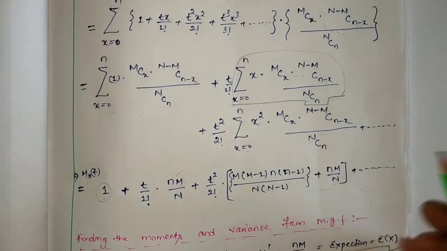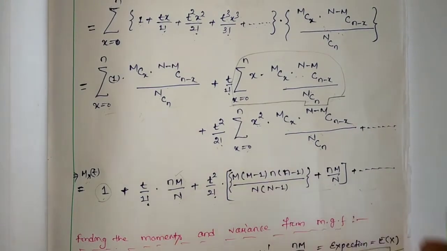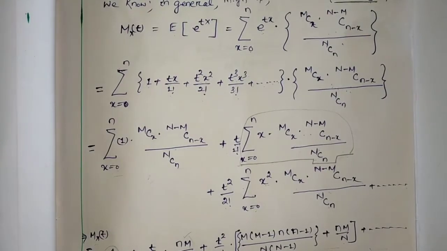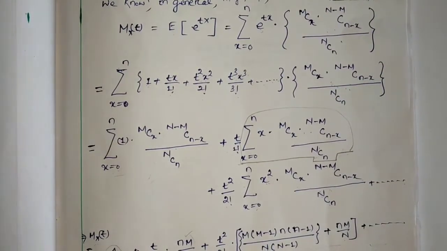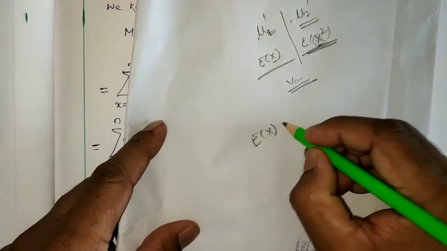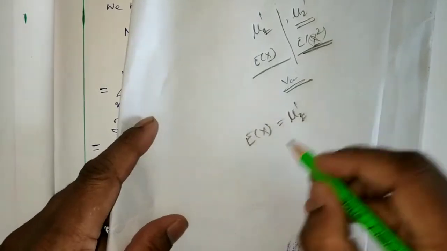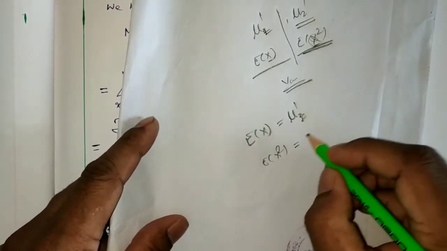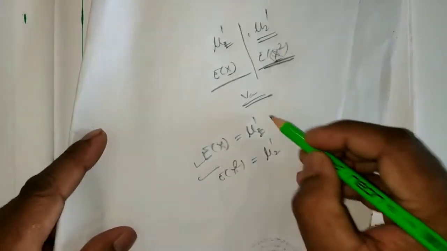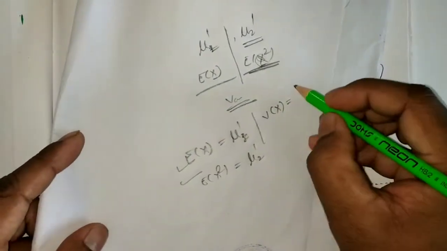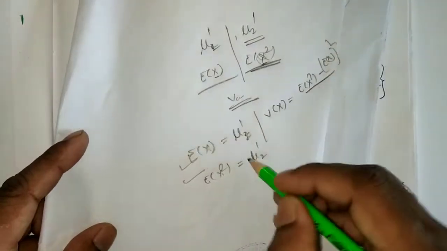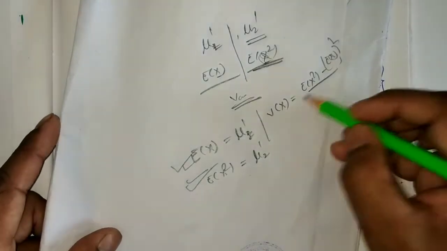Here I am going to suggest one thing. Suppose in your exam it is asked that you have to find out the mean and variance. Suppose you are going to find out the mean, that is E(X), or first moment, and E(X square), that is your second moment, from which you can find out the variance, that we know: E(X square) minus E(X) whole square. If we find these two values, then we can easily find out the variance, right?